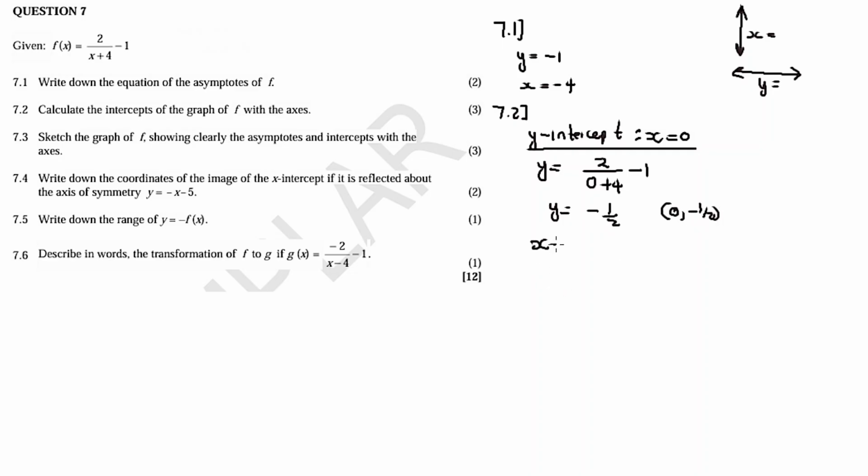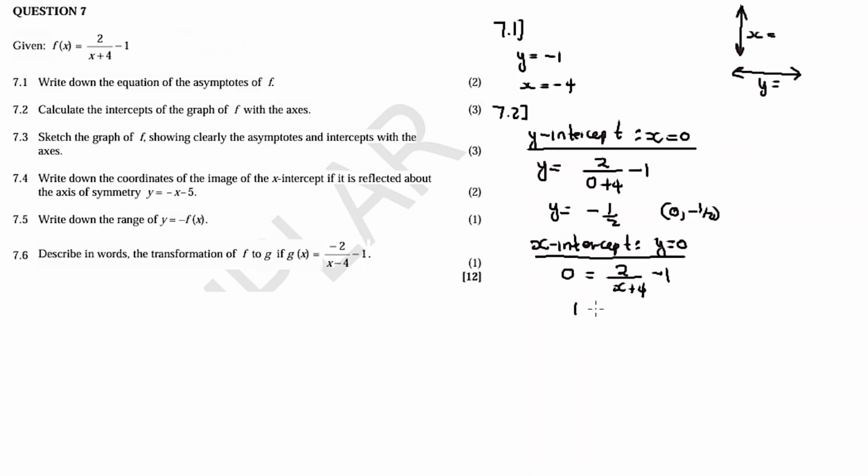Then the x-intercept. Where should the y be? 0. So 0 equals 2 over x plus 4 minus 1.